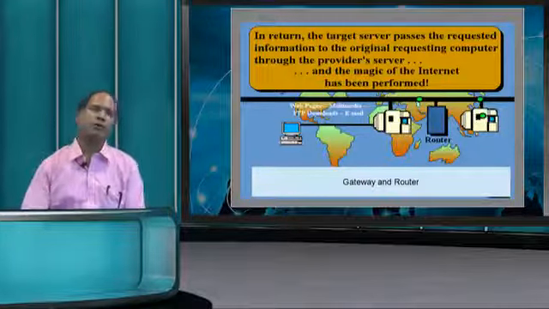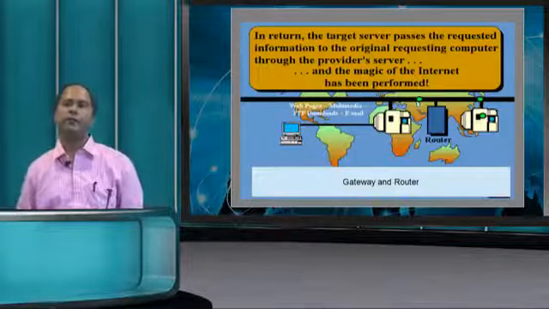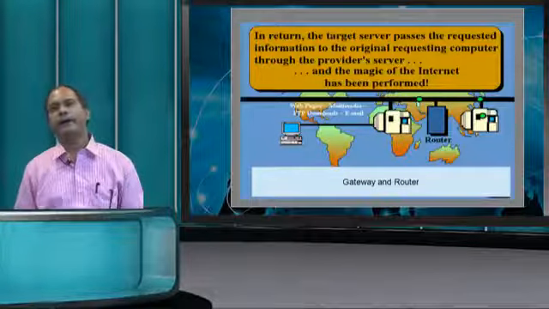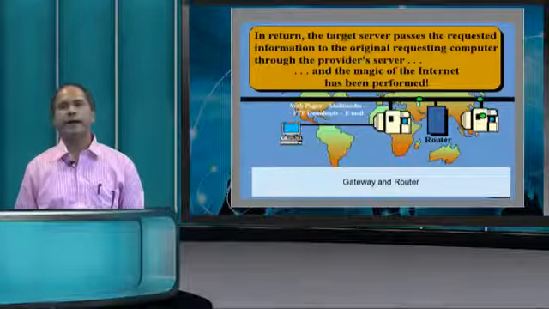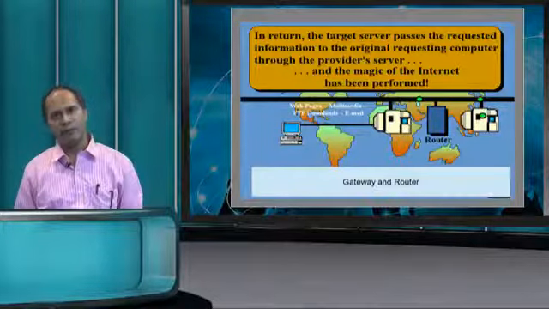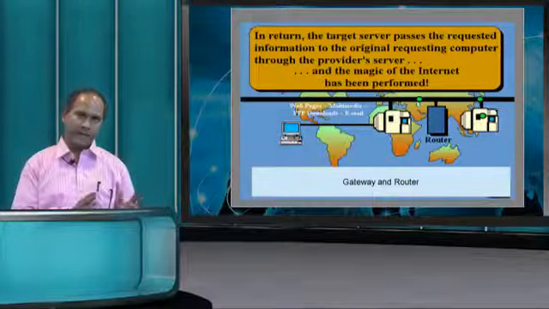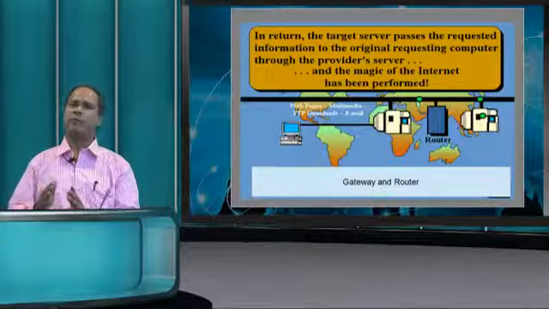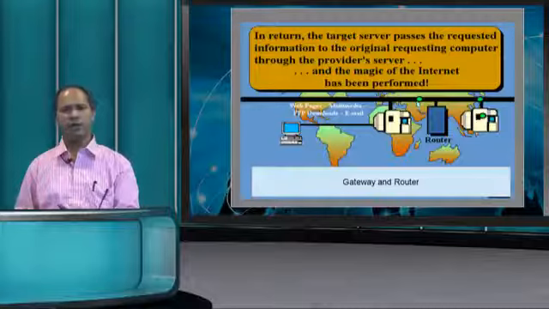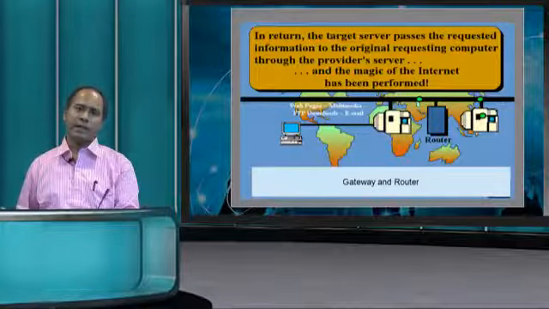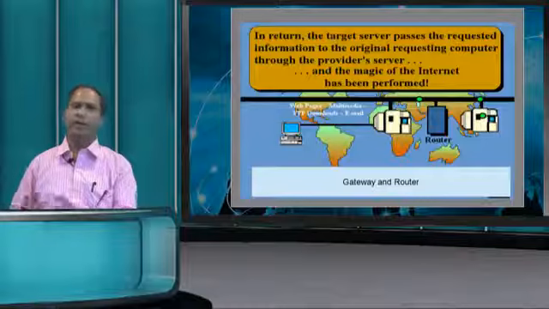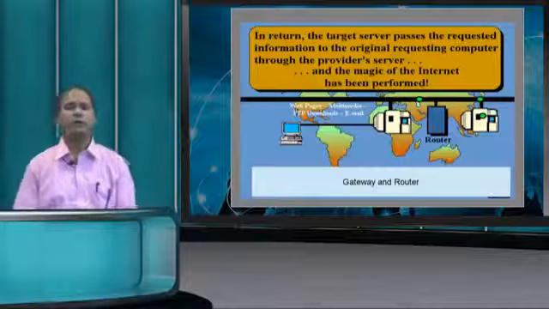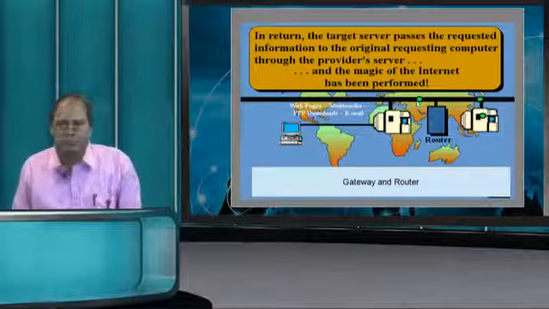The job of the router is to open up each and every packet and send it to the destination on the basis of the IP address given there, and at the receiving end the packets will be assembled to form your email. So first you send a mail that is divided into a number of packets. Packets are carried forward to the destination by the router, and at the destination end all the packets are reassembled to create the email, and your friend can see your email. In this way the internet works on the basis of packet switching technology.